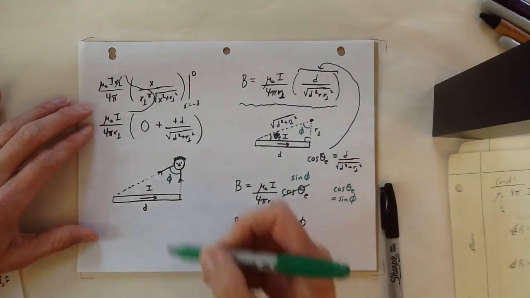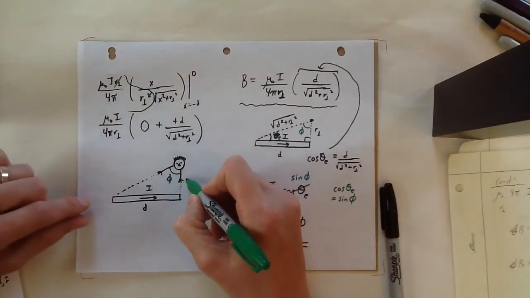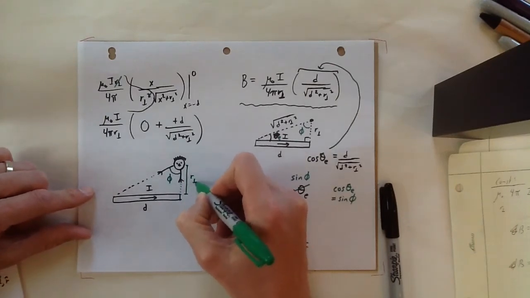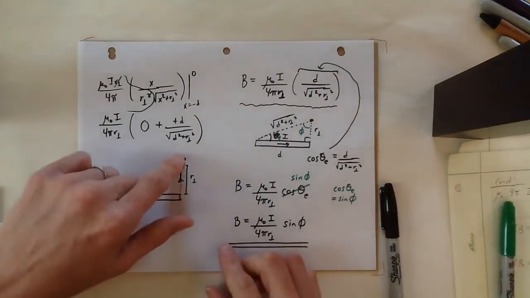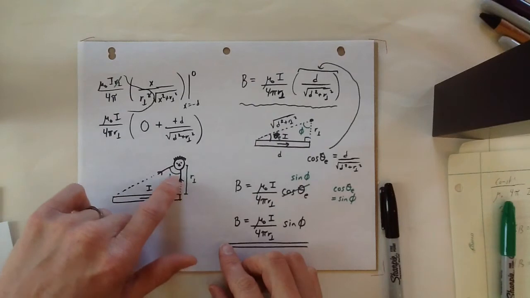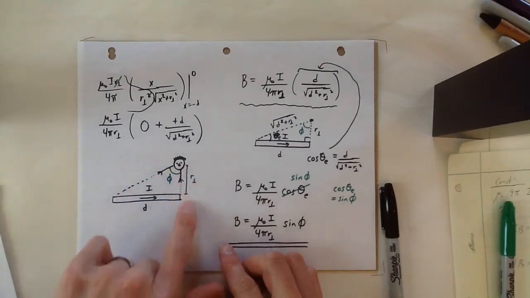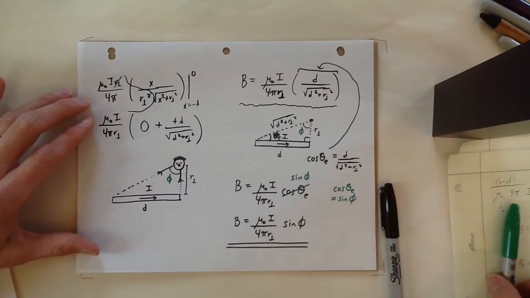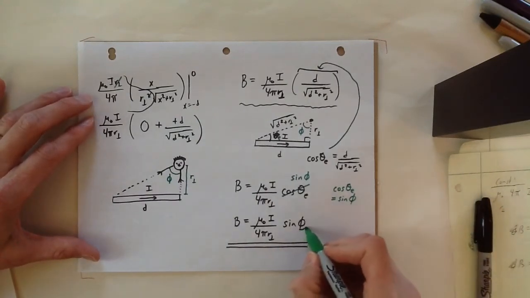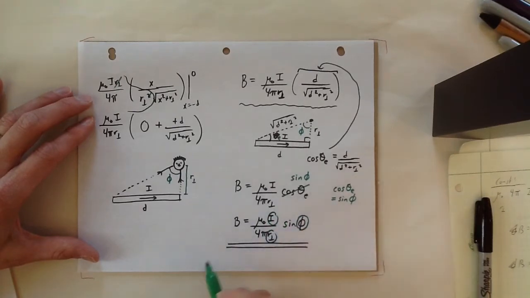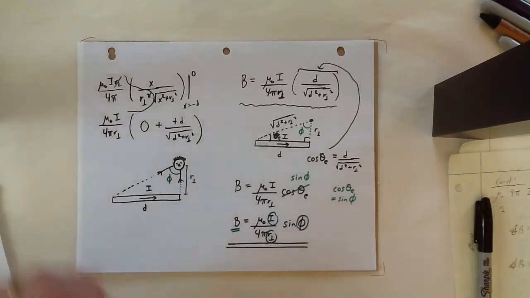That's phi. So all you need to do is know, okay, how far are you away from this current segment at your nearest, which is our perpendicular, and what angle do you need to make with your hands to span the two ends, so the near end and the far end. And if you look, that angle, that distance, and the current will tell you the magnetic field that you're experiencing from that current segment right now.